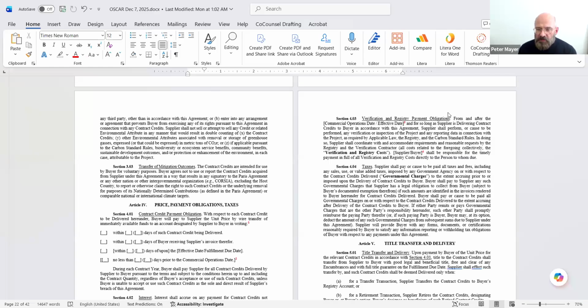But if you are, say, selling direct air capture credits, you may be more hesitant to accept a price adjustment in case of a delivery shortfall if credits are delivered late, because that's the challenge that the industry faces at the moment, right?